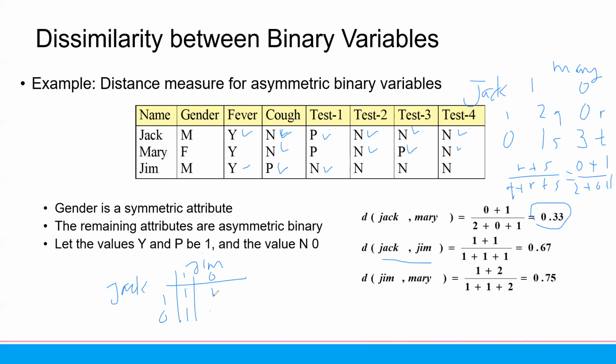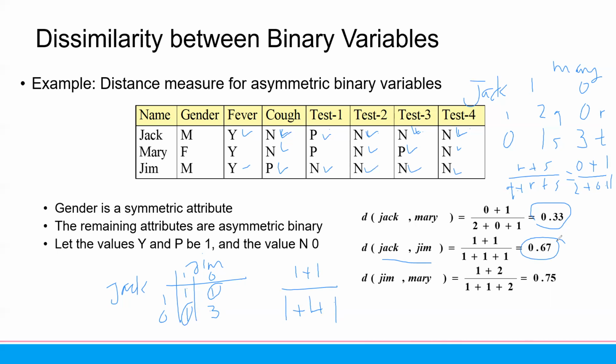The others are negative and negative, so we have 3. Then we have 1, which is the R, plus 1, and Q is 1 plus 1 plus 1. So the result is 0.67.